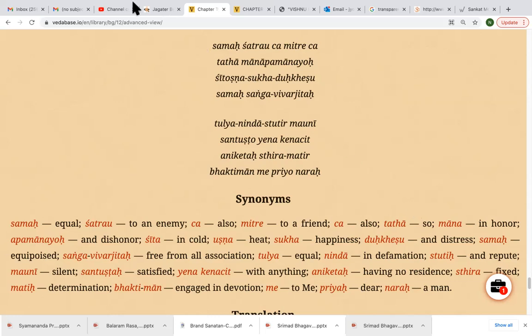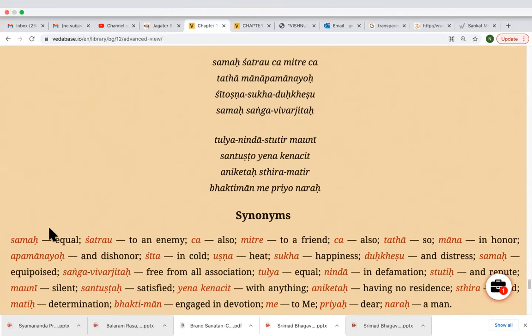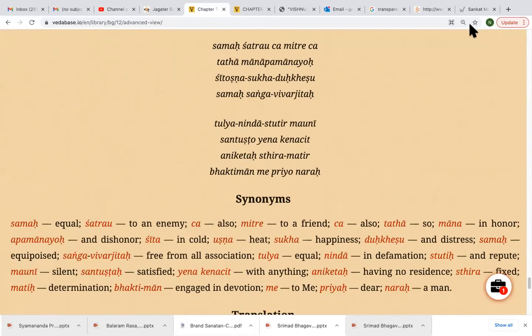Yes. Okay. So sama sanga vivarjitaha, meaning sama indicates balance or an equal state of mind, no matter what the situation is. Sanga means association or bondage or maintaining a relationship with someone or something.